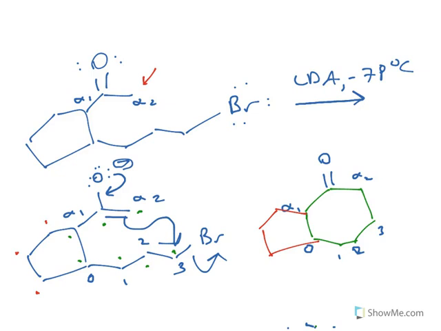Now how would you get alpha 1 to participate in this cyclization? Well, alpha 2 was what? The kinetic enolate. So alpha 1 is going to be the thermodynamic enolate. So how do we get thermodynamics to do this?